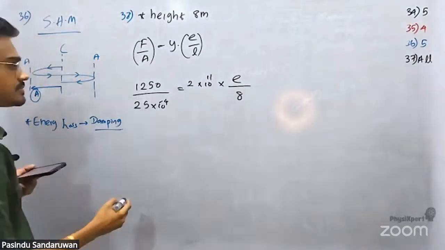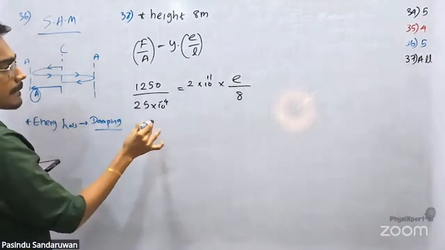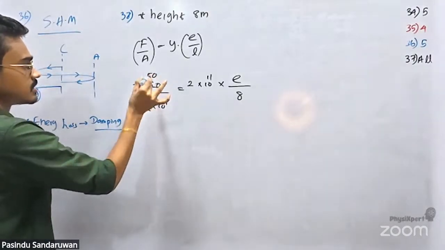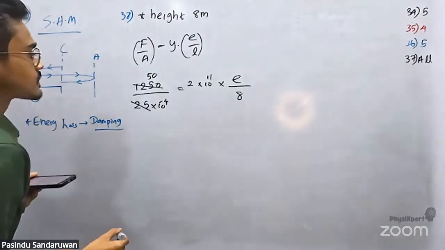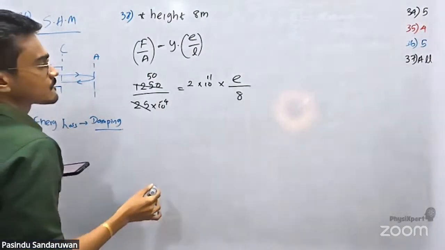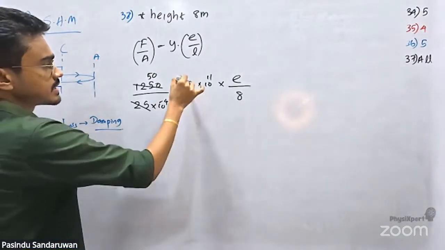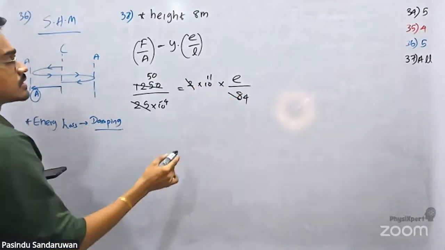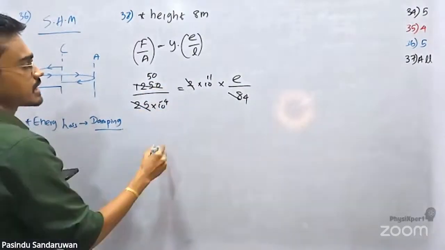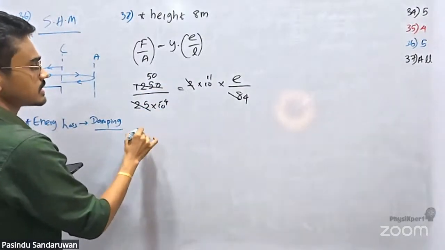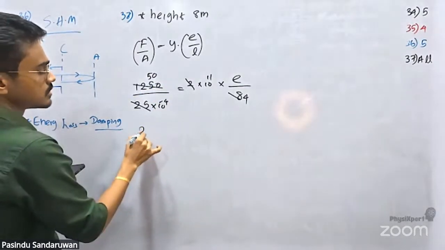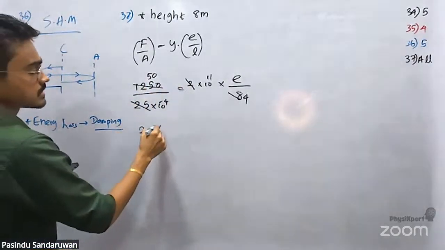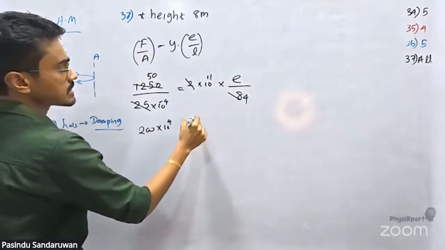Simplify this. This is 25 times 50, right? Then this is 2 times 4, 4 times 50, 200 comes, 10 to the power 4, and this side 10 to the power 11.